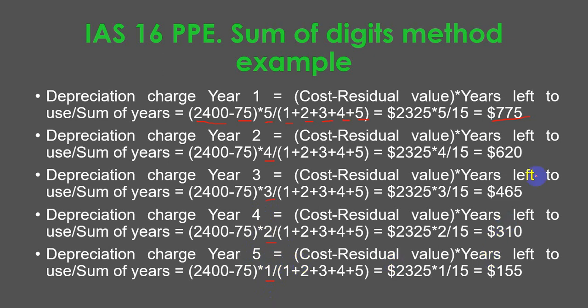So, if you just sum up all these figures, you will receive the amount of $2,325 again.